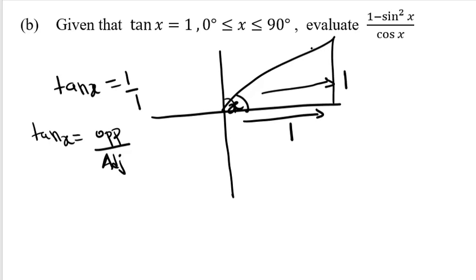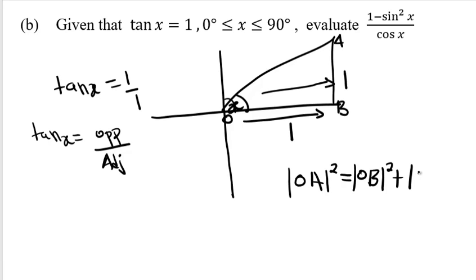So how do we get a third side? From what we are having here, let's assume that we have our point 0 here, we have A, and we have B. And we know that from the Pythagoras theorem, our OA squared, that is the length of the hypotenuse squared, is equal to OB squared, that is the length of the adjacent, plus AB squared.